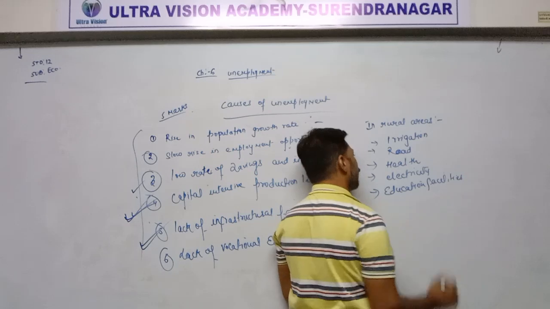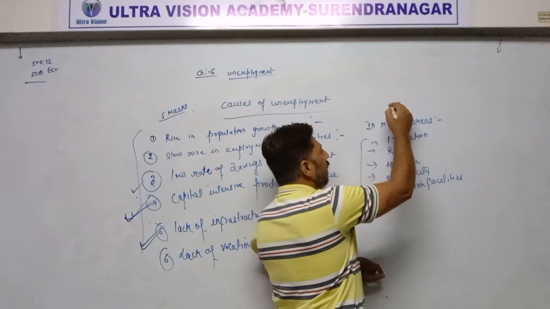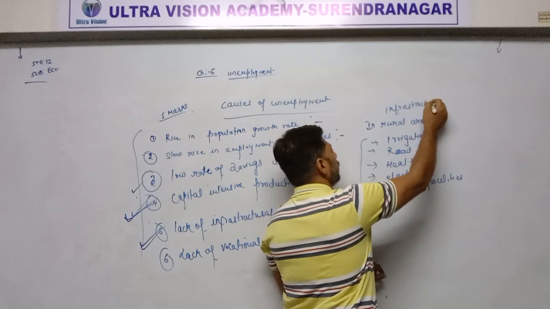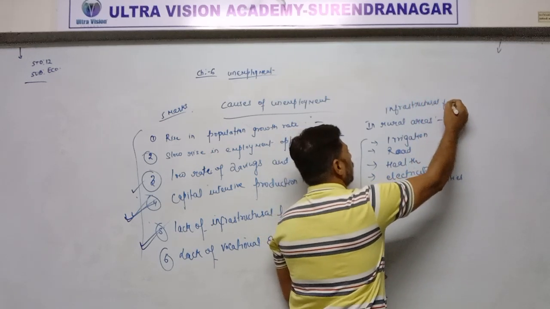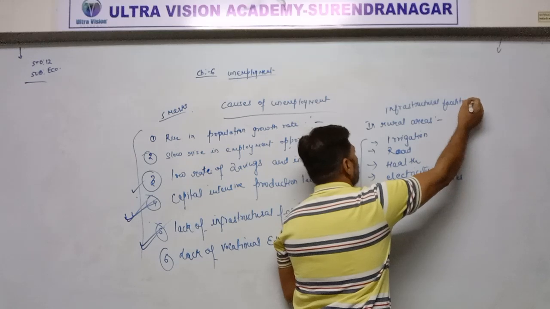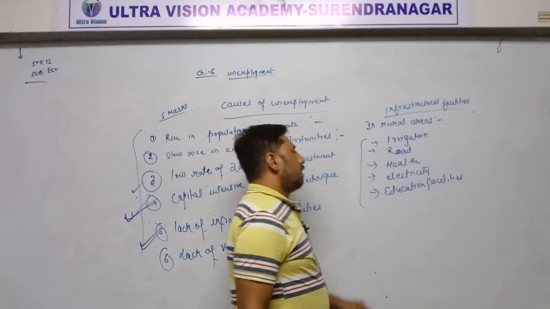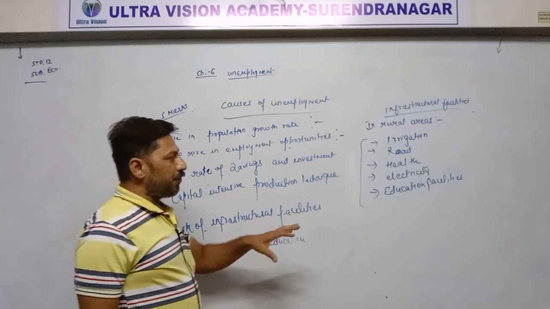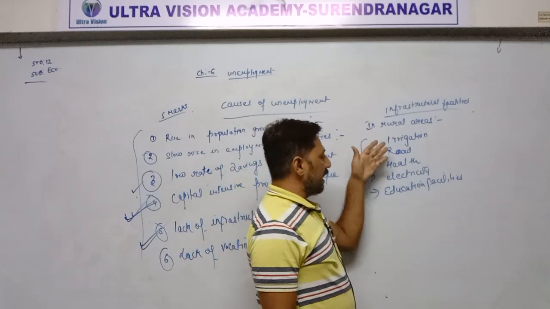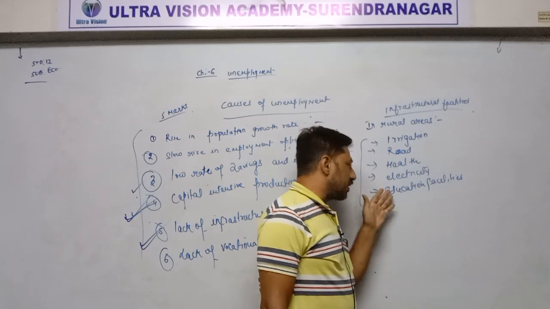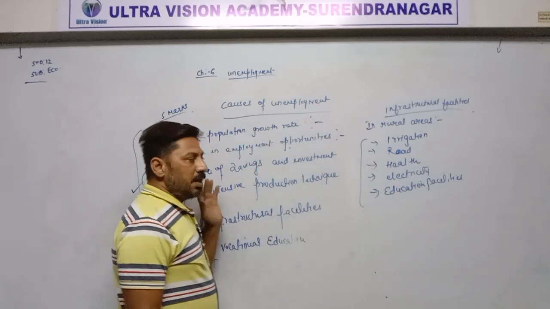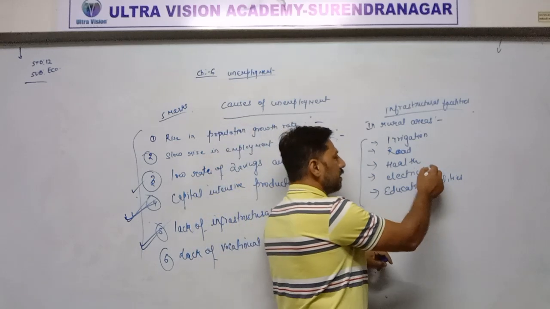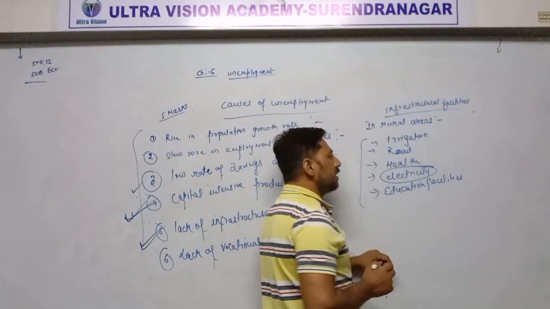These are called infrastructural facilities. So in rural areas or in backward areas, there is lack of irrigation facilities, road facilities, health facilities, electricity facilities, education facilities. It means the Indian government is not able to provide continuous electricity, especially in these areas.